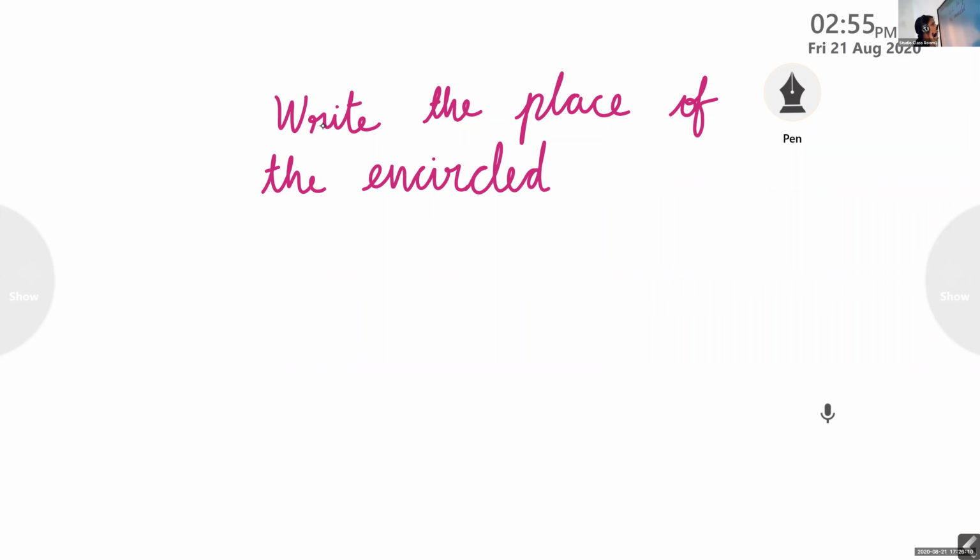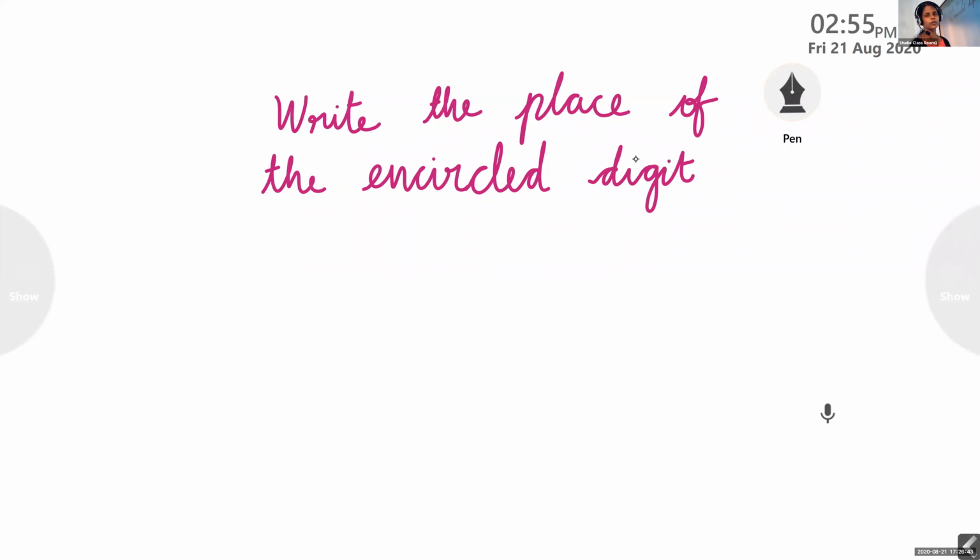That is encircled. Write the place of the encircled digit.